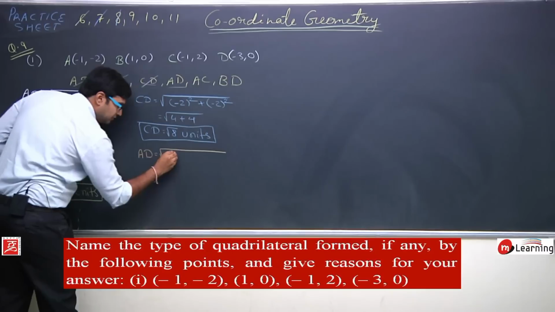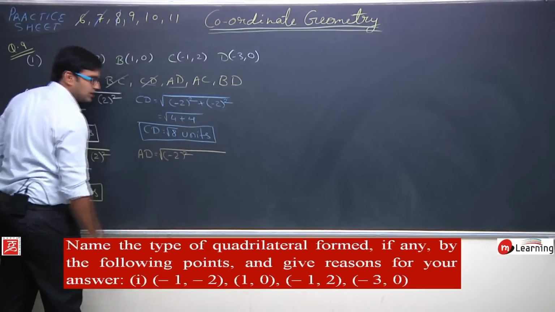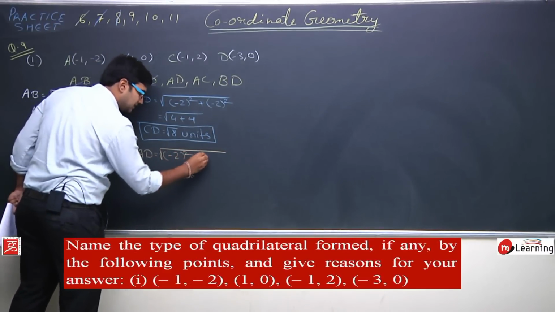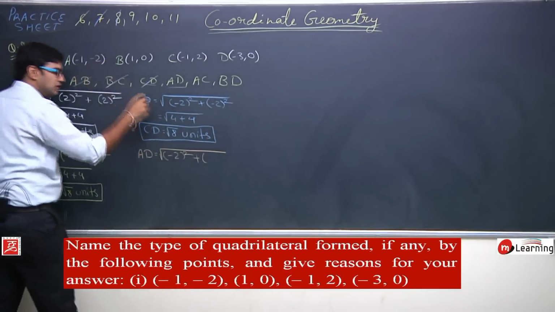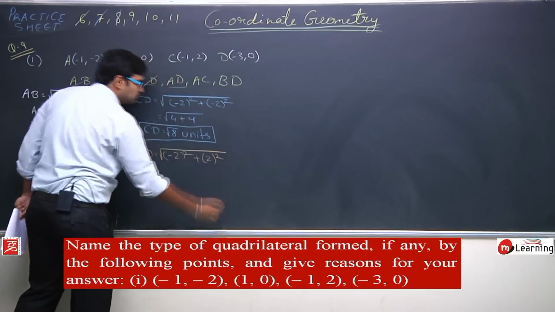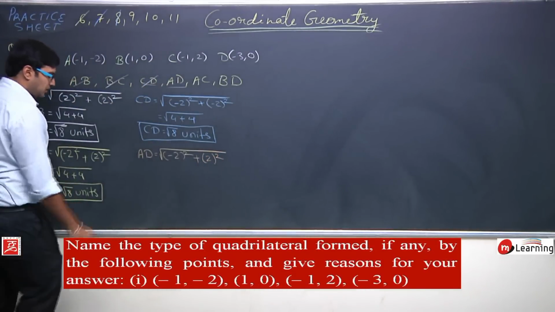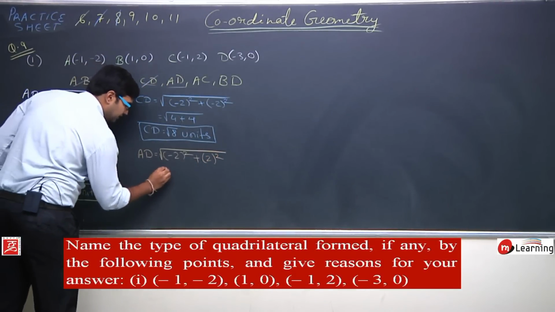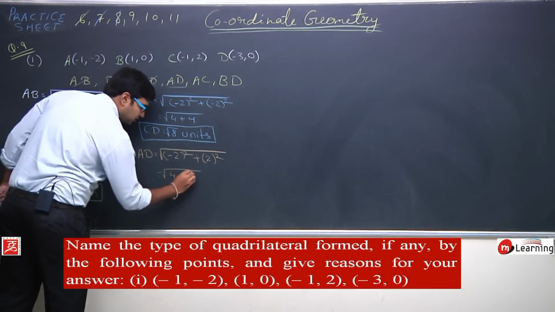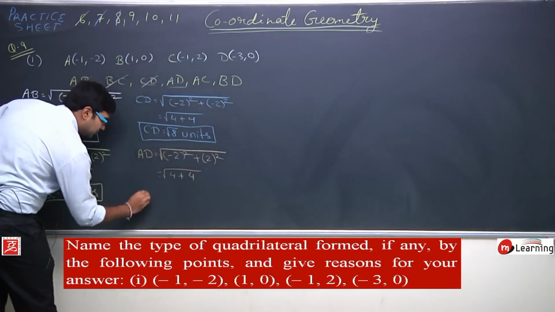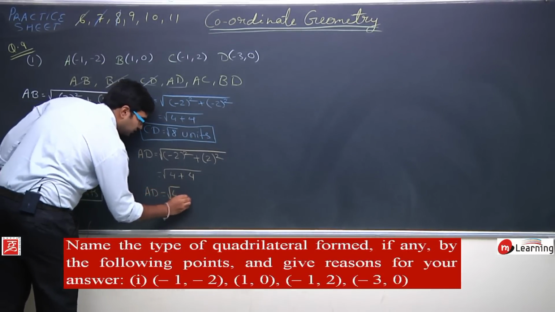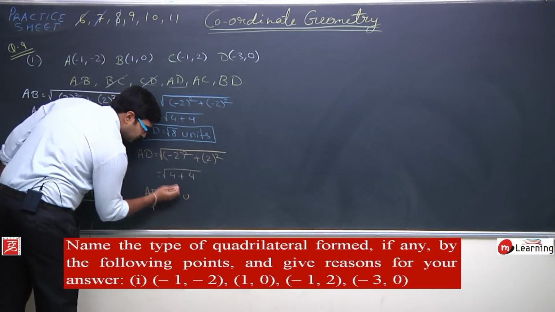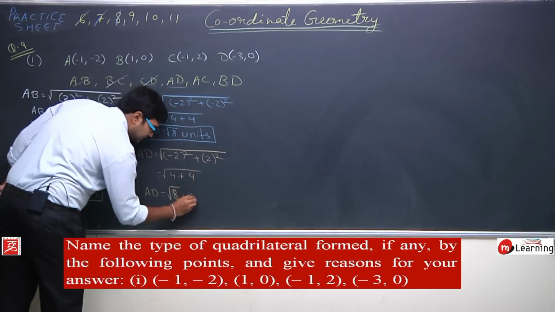So in the bracket we are going to have minus 2 whole square, plus in the bracket it will be 0 minus of minus 2 will give you plus 2. So plus 2 whole square. Now further solving it, it will give you square root of 4 plus 4 and the length of AD will be equal to square root of 8 units.